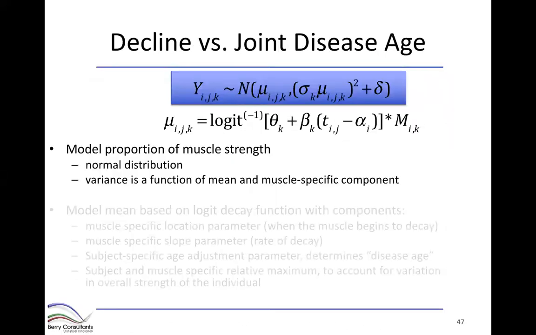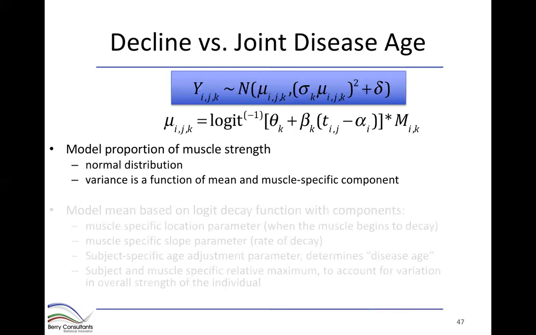So since that worked so well, aligning subjects based on their knee flexion score, we decided to create a disease progression model where we would use all of the muscle scores to estimate disease age, and then simultaneously estimate the overall rates of decline given that latent disease age variable.